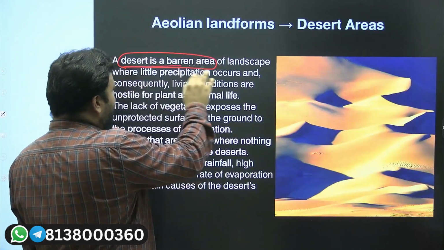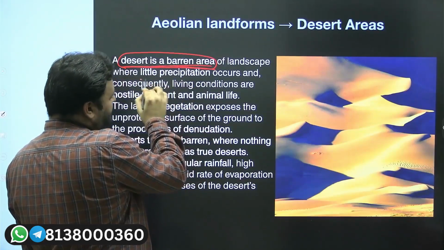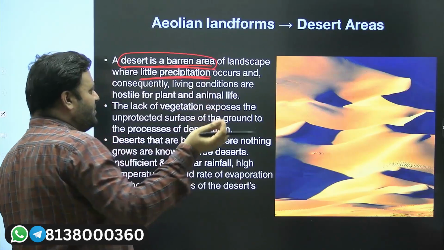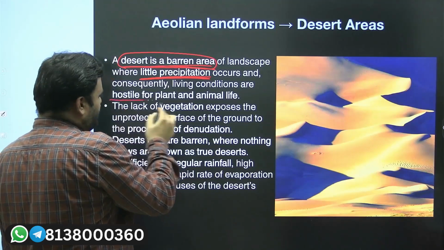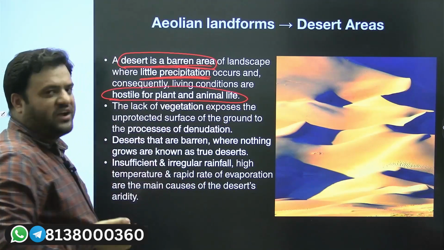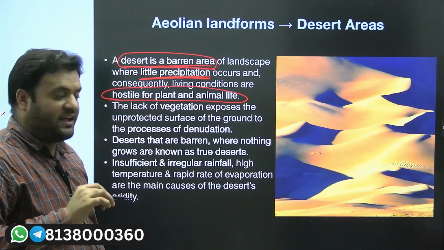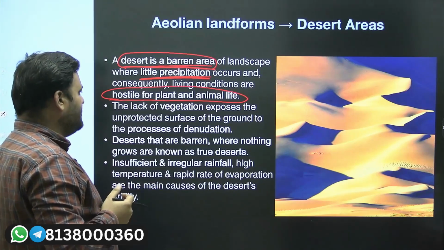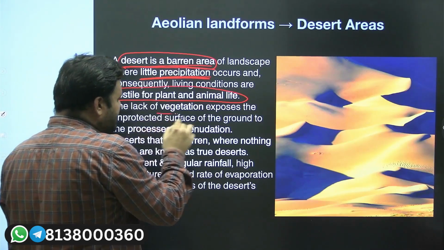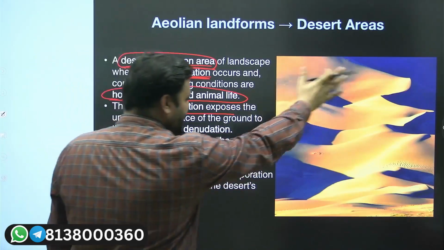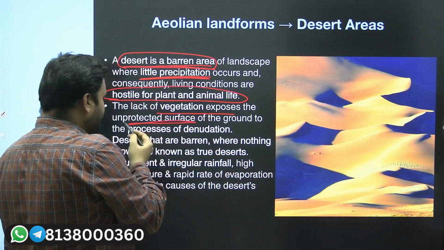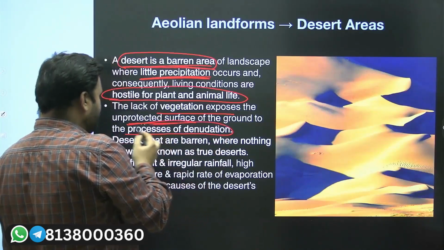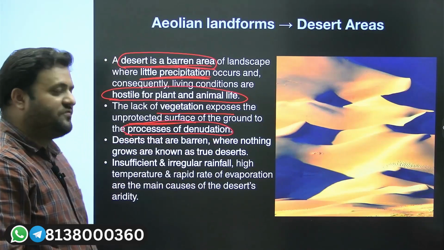This is a barren area, and yes, we could have some sort of little precipitation, and the conditions will always be hostile in the desert with respect to the animals as well as the humans. Now the lack of vegetation in the desert area will ultimately lead to an unprotected surface, and it will facilitate the process of denudation.